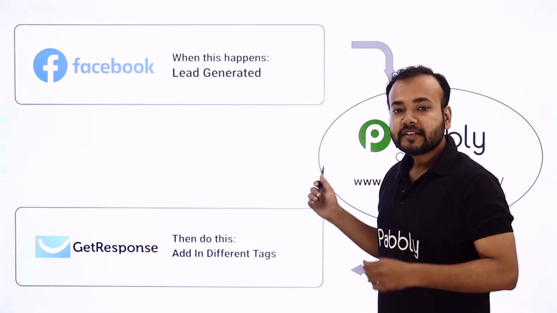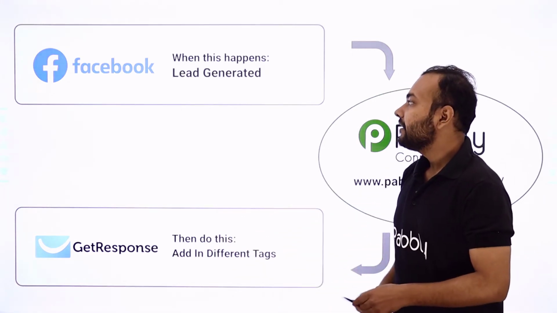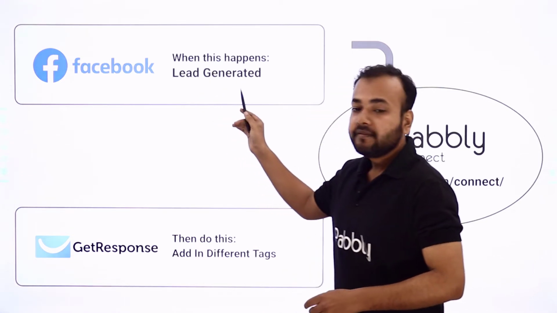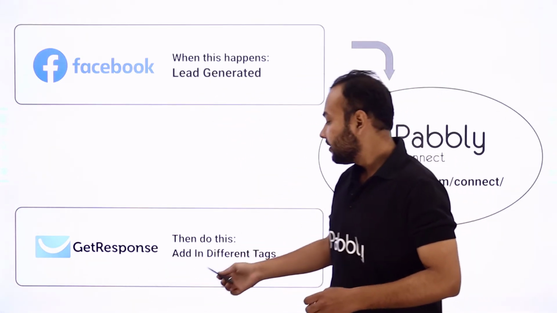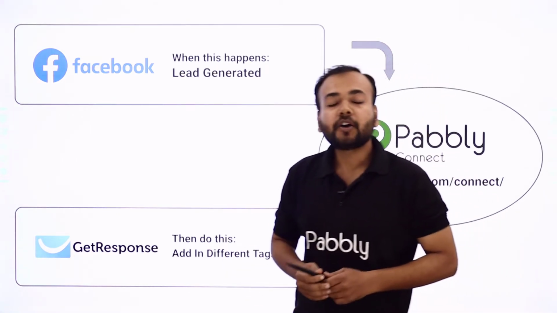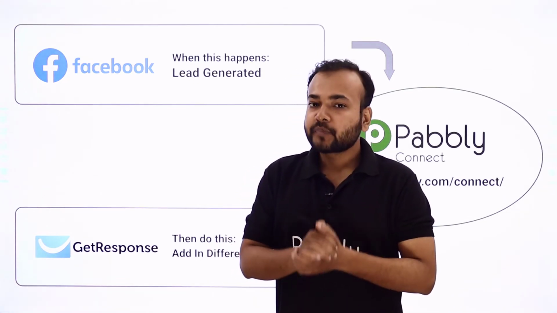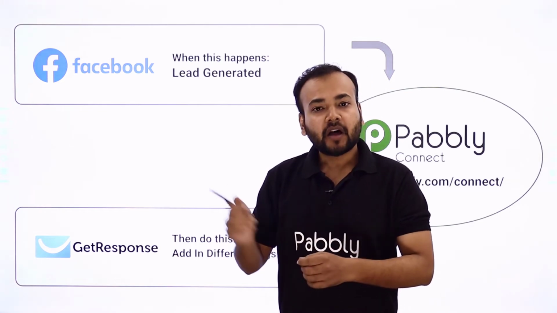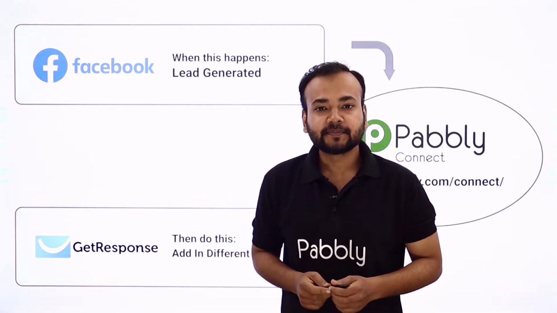So with the help of this application, we are connecting these two applications together such that whenever you generate a lead from Facebook lead ads, the same lead will get automatically transferred here in GetResponse application under a specific tag or in a list. And guys, the best part of making this automation is that you will not require any coding skills or programming knowledge. So now let me give you a demo on my screen of how this automation is going to work and how you can also make it.